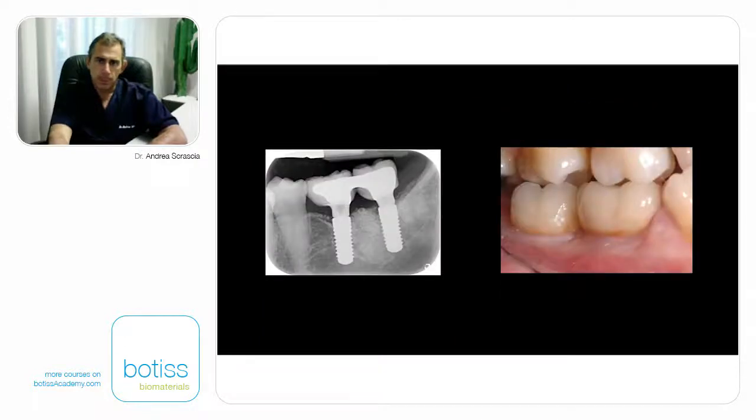So this is the result after 5 years follow-up. You can see the level of the periimplant tissue.